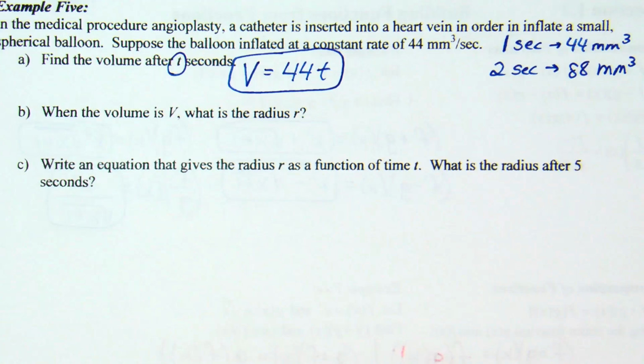Because it's 44 cubic millimeters every second. Are we okay with that? Yes. Okay. Hold on to that because we'll use that later. B. When the volume is V, what is the radius R?